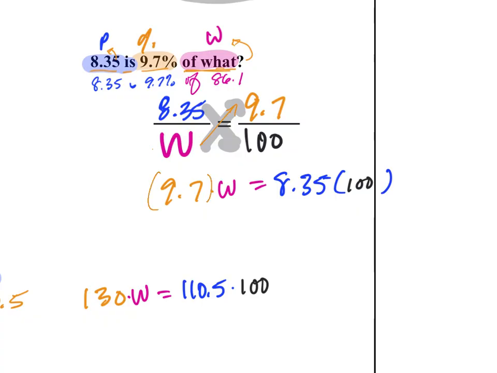Understand that that's 9.7 times W. Okay, and then I have 8.35 times 100, which means I'm going to have 9.7 times W equals 835. So then I have to remember this is multiplication. So I undo multiplication with division. So I divide both sides by 9.7. I get that W equals 86.1.